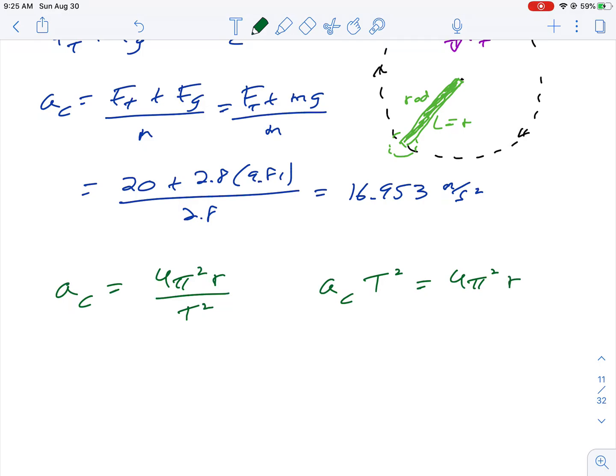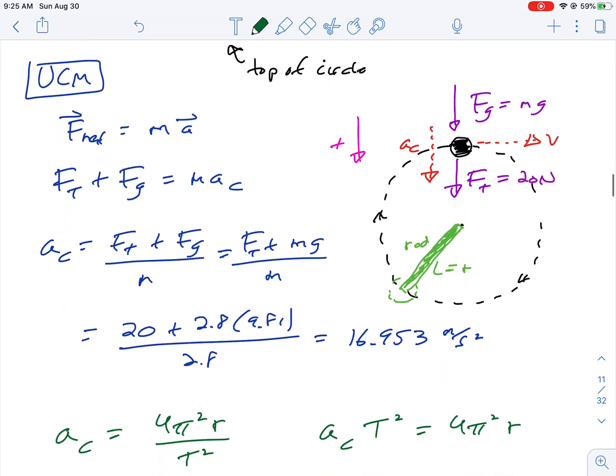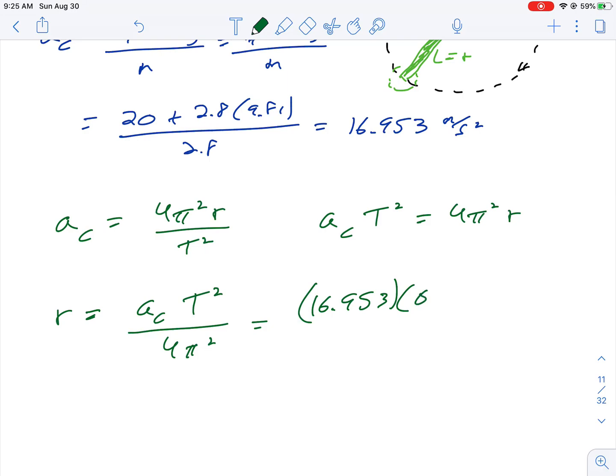And then we get r by itself. So r becomes equal to AC times T squared over 4 pi squared. So we have 16.953. The period, we're told, is 0.72. So 0.72, don't forget to square that, over the 4 pi squared. Just a reminder, make sure that's in brackets when you put that in your calculator, if you do it all at once.